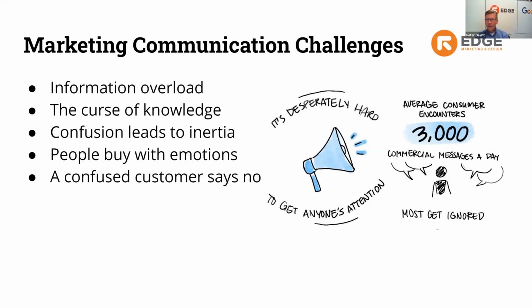So what happens with all these messages? In order for us to survive, we filter through those messages and make sure that we only focus on the ones that are actually relevant to us. So in communication, it's really important that we zoom in on a message that actually resonates with our clients, and that's what this process is all about.